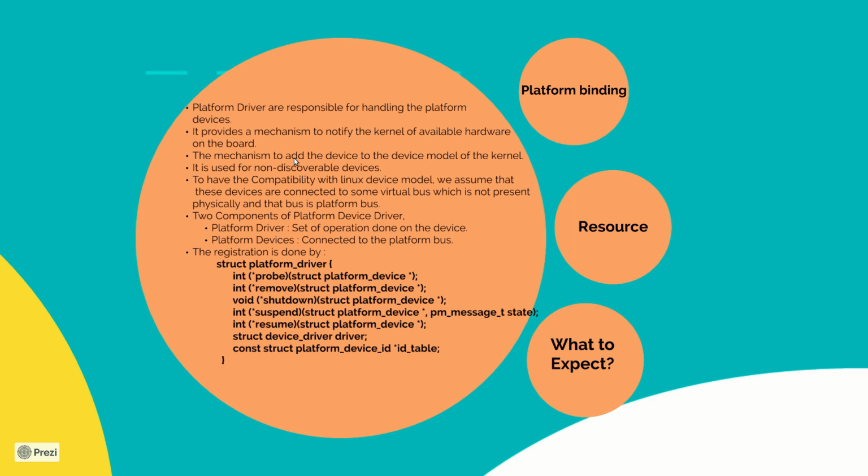Okay, so before going to the understanding of this platform driver and these structures available over here, I just want to explain one thing. Suppose there are some devices which are already present in the BeagleBone Black, for example USB, PCI bus.